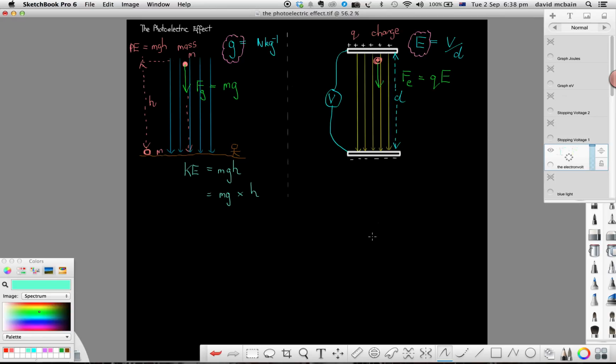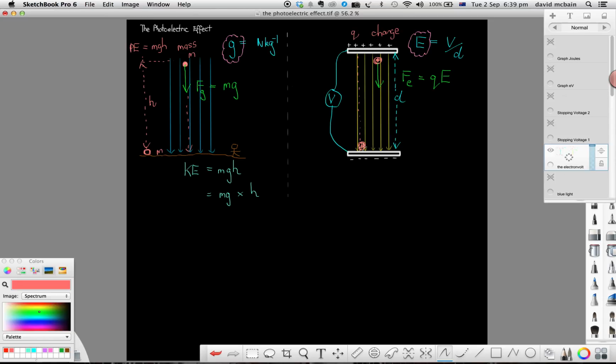If we now move over to the electric field world, we've got our positive charge. It's down here at the moment, which is probably where it wants to be. And if we lift it up this way, then we need to do work on this charge. In the same way that we had to do work on our mass, which is the force we have to do to lift it multiplied by the distance, so it's mg times h.